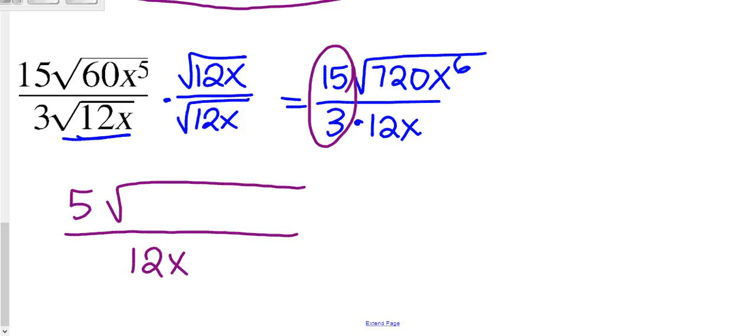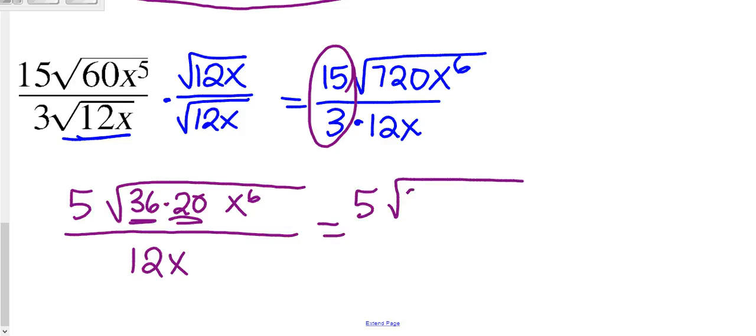So 720, think about any square numbers that go into 720. 36 times 20, and x to the 6th. There are other square numbers we can take the square root of that go into 20. So leave the 5.